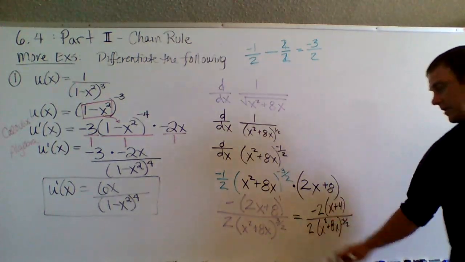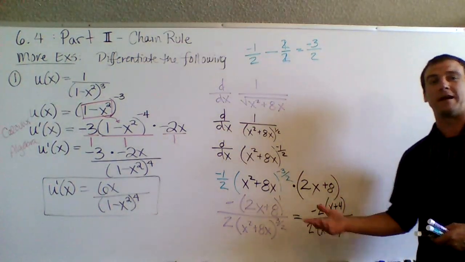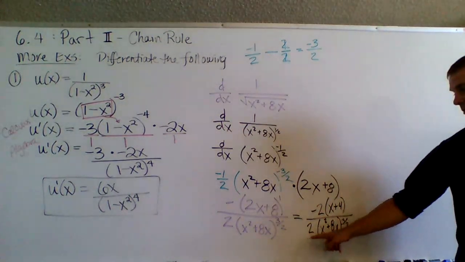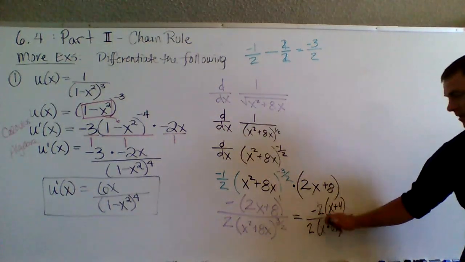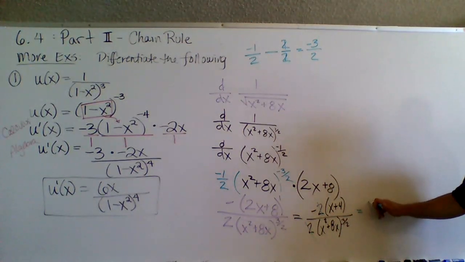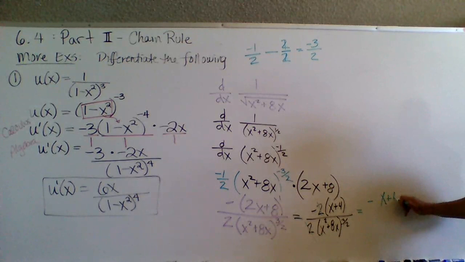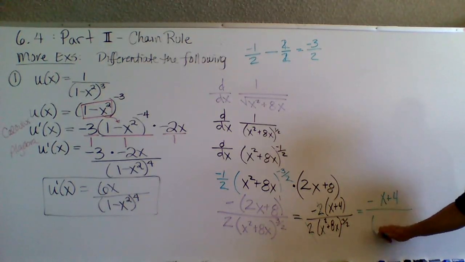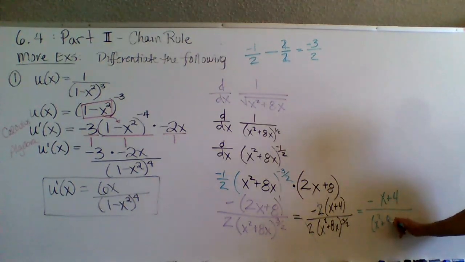And my 2's will then cancel because that 2 is being multiplied by everything else on top, and that 2 is being multiplied by everything else on bottom. So you can slice those up and we're left with negative x plus 4 and x squared plus 8x to the 3/2 power.